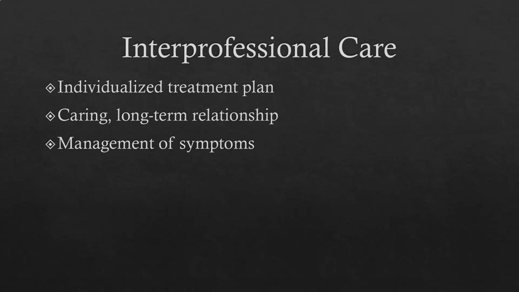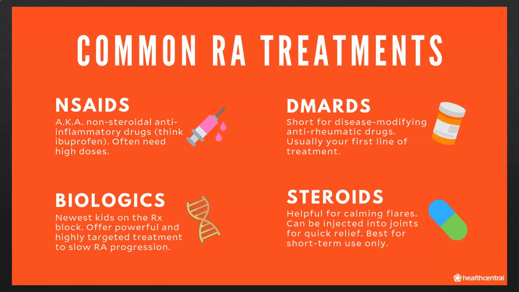The interprofessional healthcare team should also provide a caring, long-term relationship with the patient to promote the patient's self-esteem and positive coping. The healthcare team can help the patient manage their rheumatoid arthritis through various means, including nutritional and weight management education, therapeutic exercise, psychological support, rest and joint protection, and heat and cold applications.